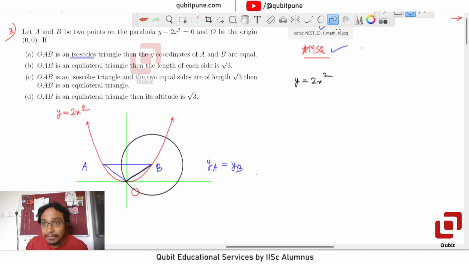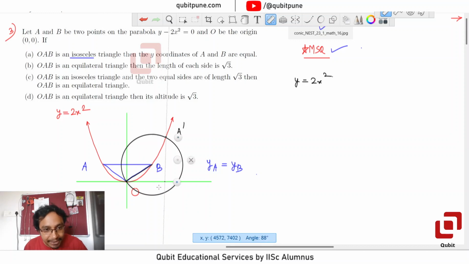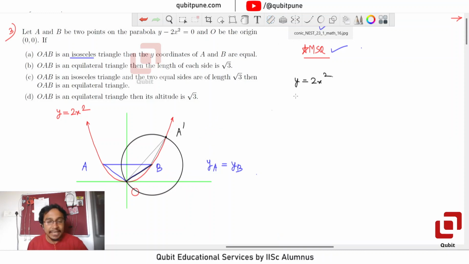Then I can consider this point, let me call it A prime, and now if I join A prime B and A prime O, is OA prime B an isosceles triangle?